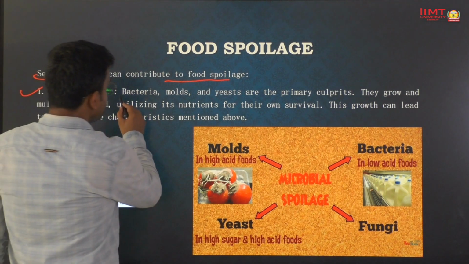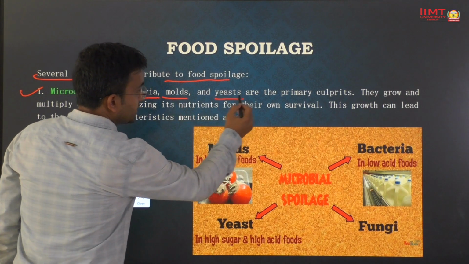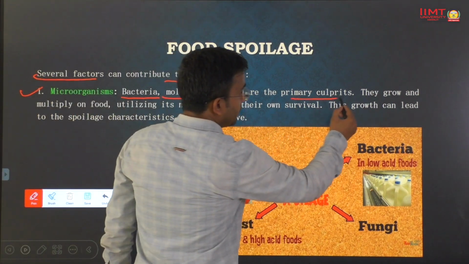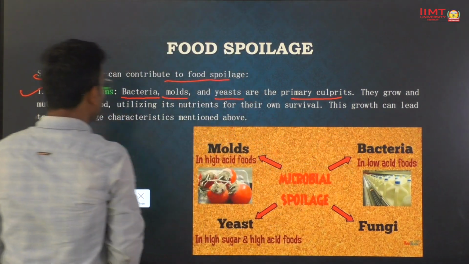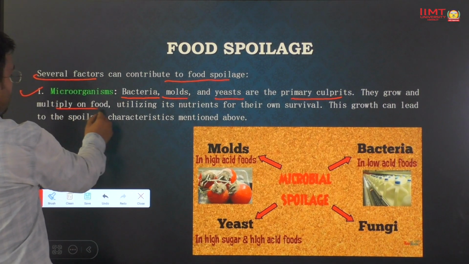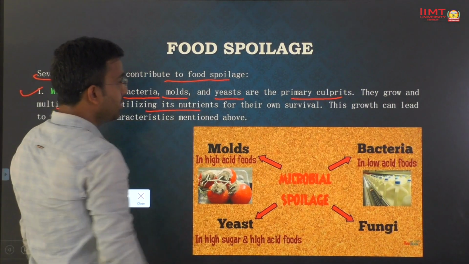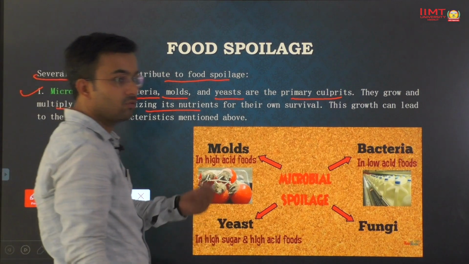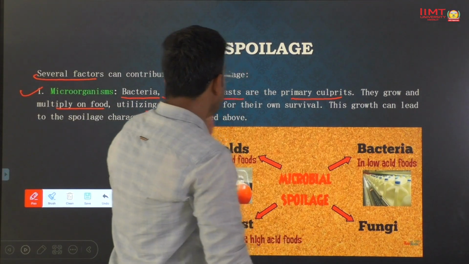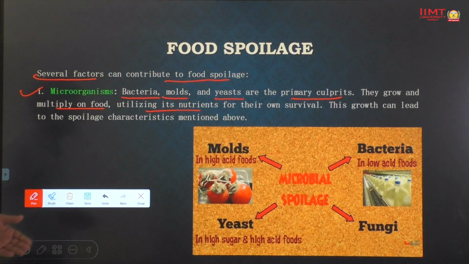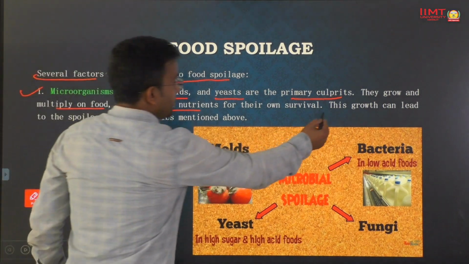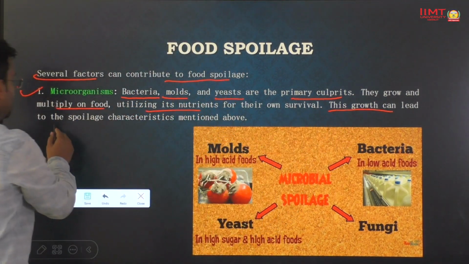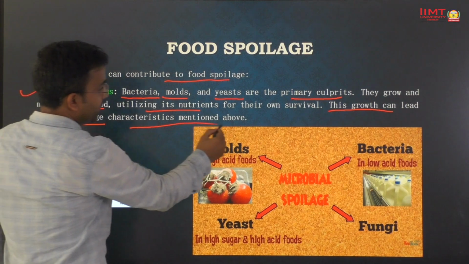Bacteria, mold and yeast are the primary culprits. They grow and multiply on foods, utilizing the nutrients for their own survival, and infect the food items. This growth can lead to the spoilage characteristics mentioned above.